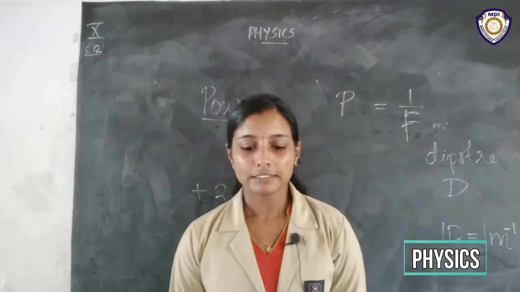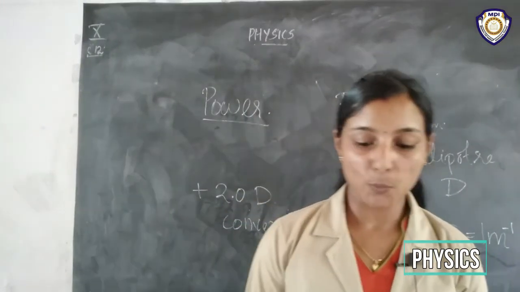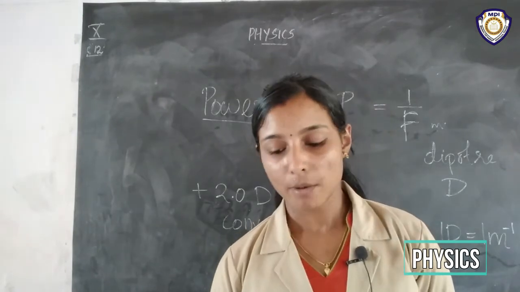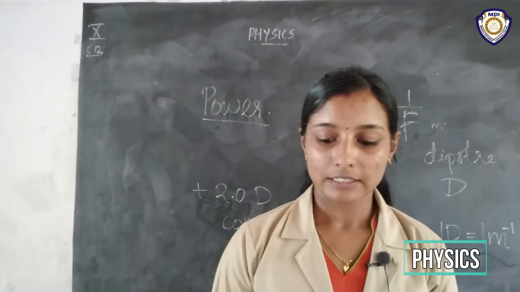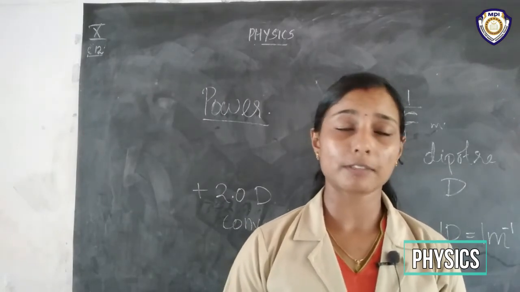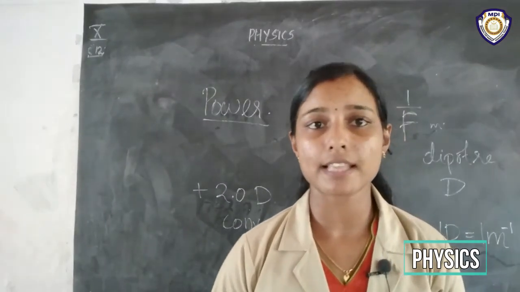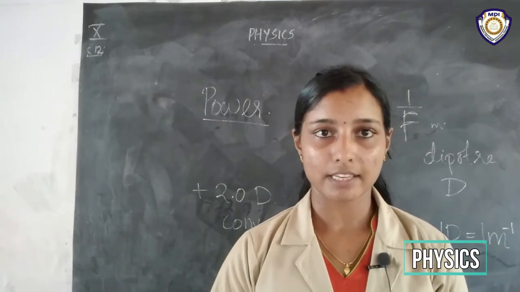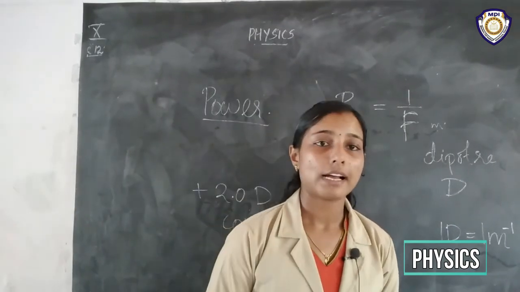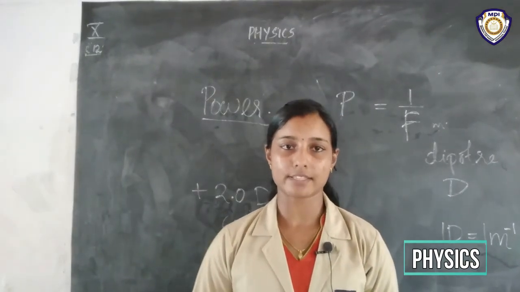Similarly, the lens of power minus 2.5D has a focal length of minus 0.40 meter. This is a concave lens. So the negative sign in the power indicates that the lens is a concave lens, right? So that is about the power of lenses.